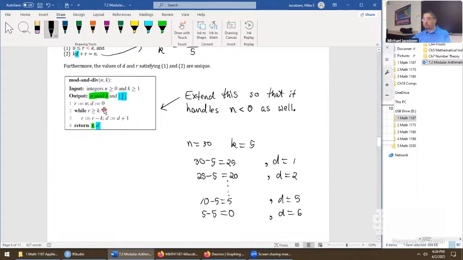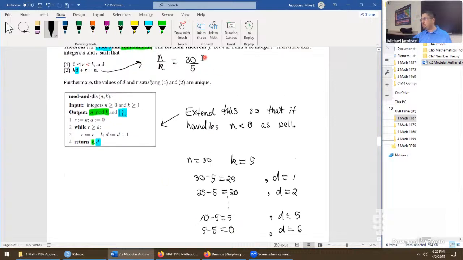Well, this won't run anymore because no longer is r greater than or equal to k. So we skip across the while block, return both r and d. R would be returned as a 0. Makes sense. That goes in evenly. And d is going to be returned as a 6. Also makes sense. That's how many times 5 goes into 30. So that's the idea of what all this is trying to say.